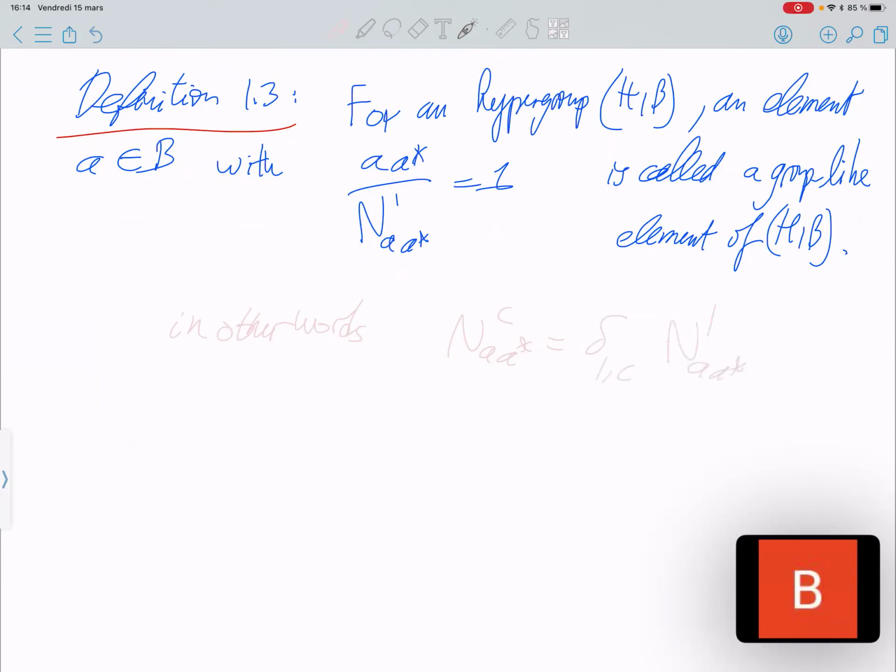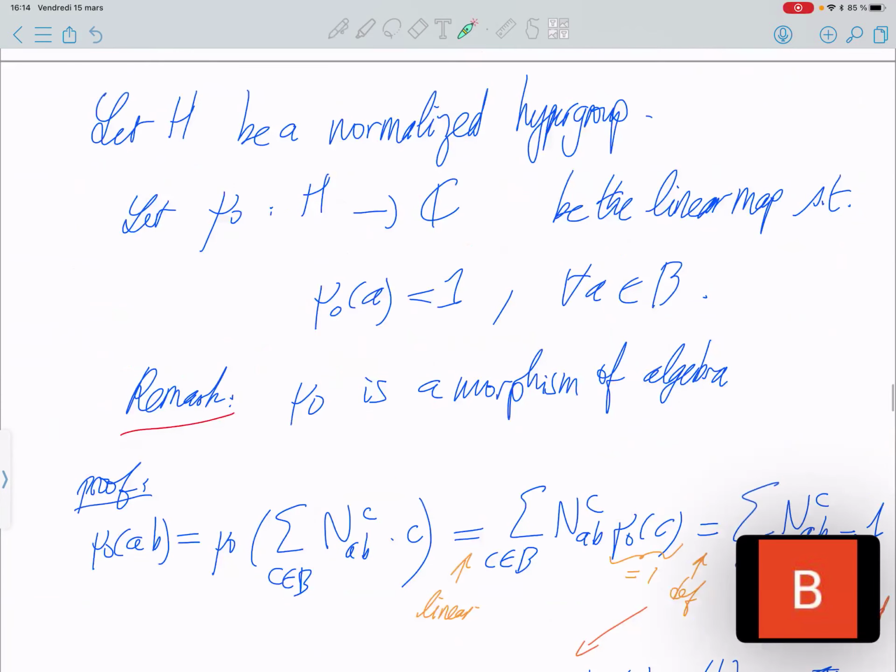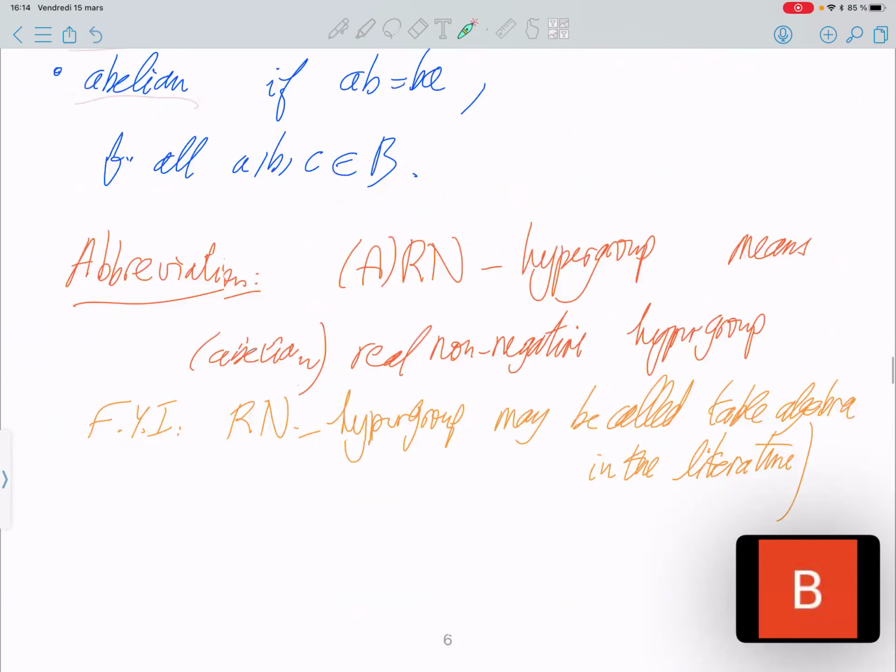This is exactly the same thing. And there is no problem of division by 0, because by the definition of hypergroup, if I am not mistaken, this is greater than 0, this is non-zero.